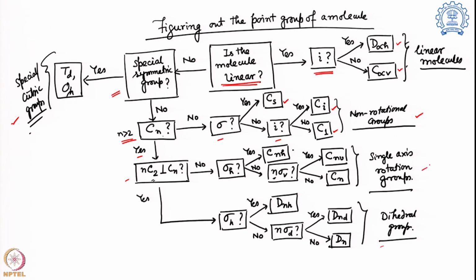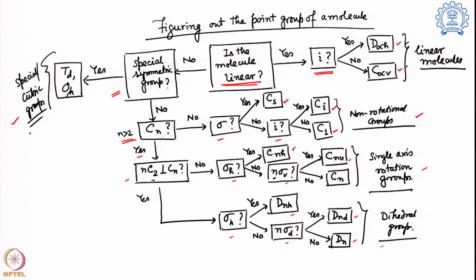And then the question is quite similar for both cases: whether you have a sigma H or not. If yes, CnH or DnH. Then whether you have n number of sigma V or sigma D or not. If yes, CnV or DnD. And if nothing is present other than the Cn axis of rotation, then Cn, and if nothing other than Cn and n number of C2 perpendicular to Cn, then it belongs to point group Dn.